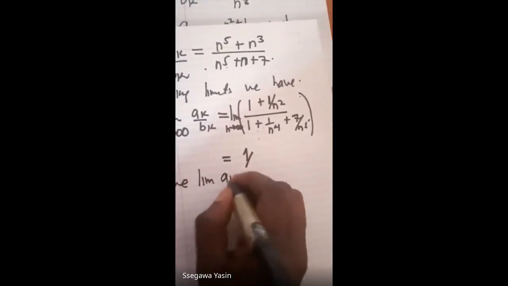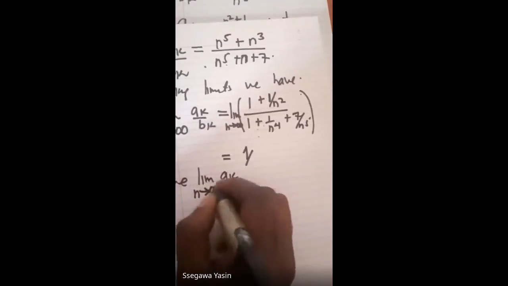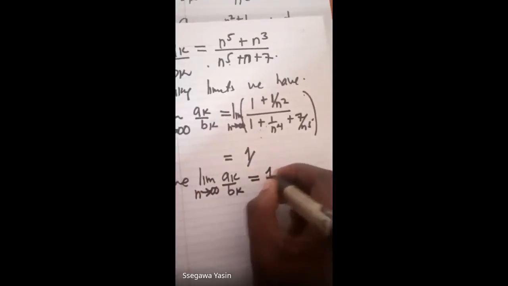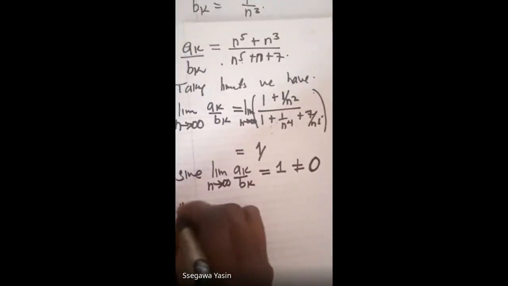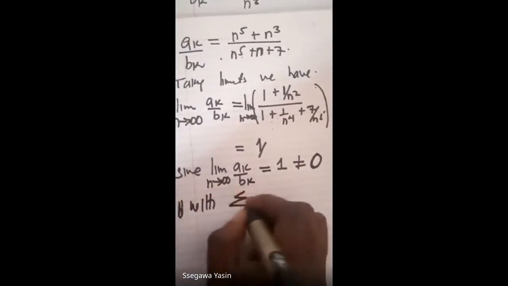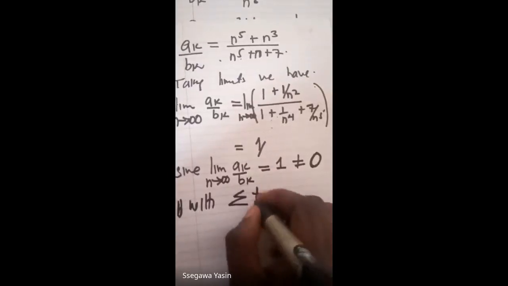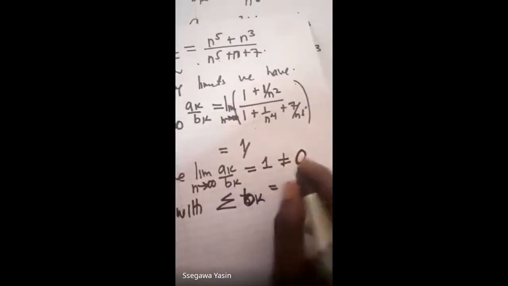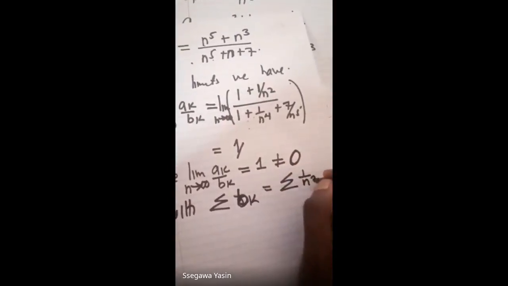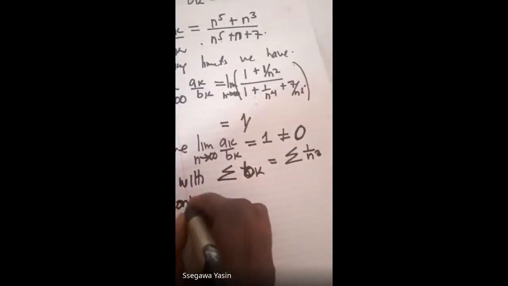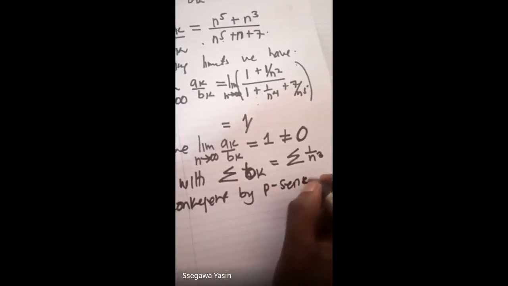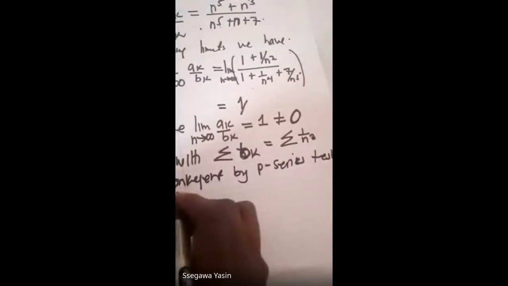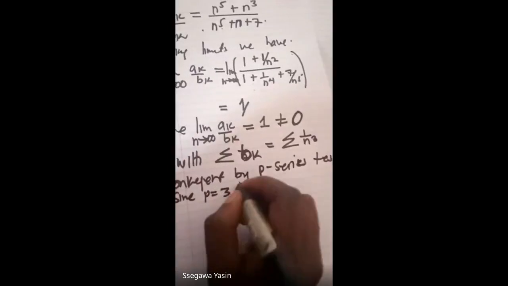Since the limit of a_k over b_k as n goes to infinity goes to 1, not equal to 0, because we said it should not be 0, then the sum of b_k, which is the sum of 1 over n cubed, is convergent by the P-series test, since p equals 3, greater than 1.